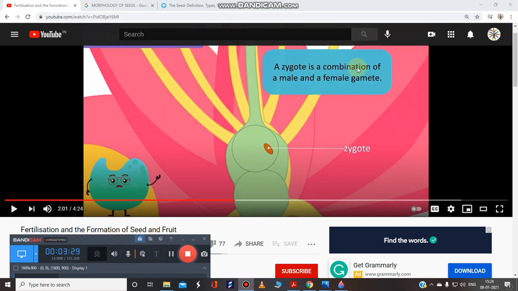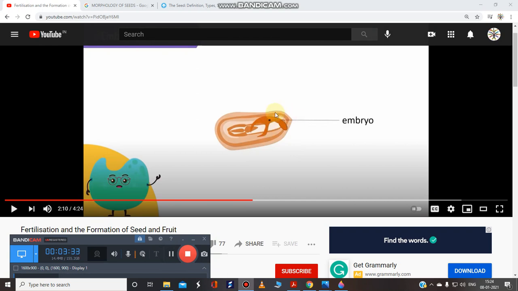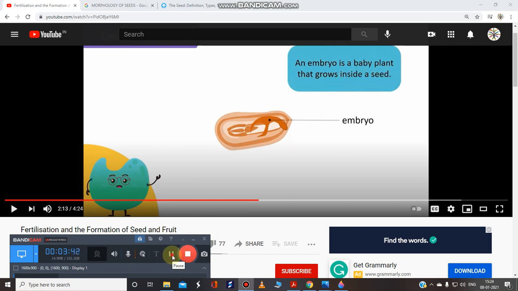Zygote is nothing but a combination of a male and a female gamete. Ultimately this zygote divides many times and forms an embryo. We can say that the embryo is a baby plant that grows inside a seed. At the end of fertilization, this embryo is covered by a tough covering known as the seed coat. So again, seed is formed.